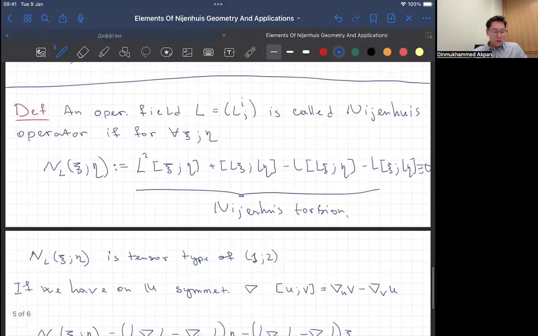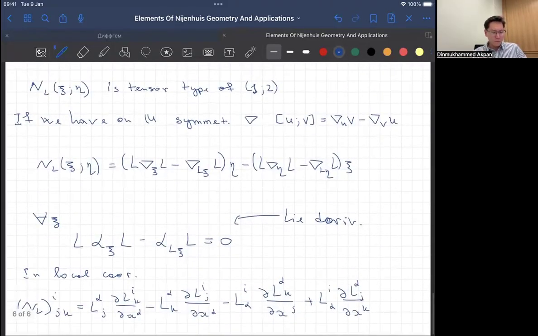It's easy to check that just by replacing the formulas into formulas.